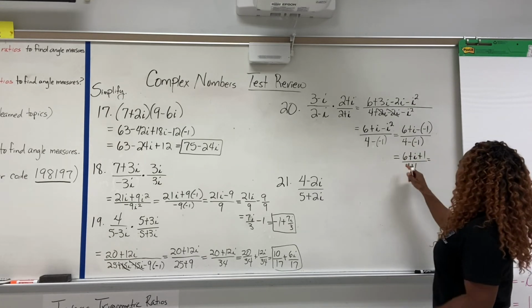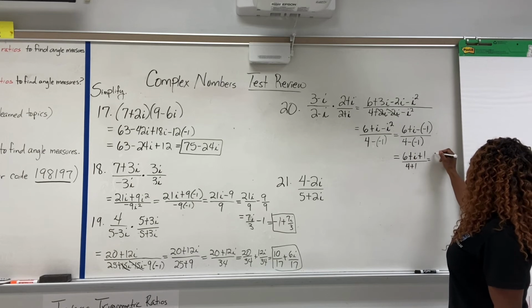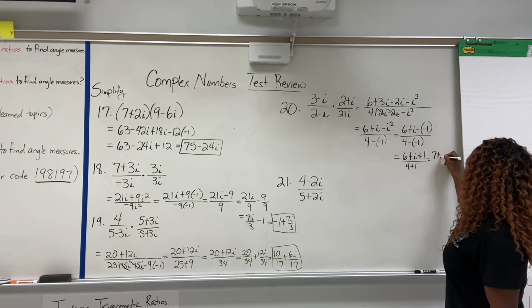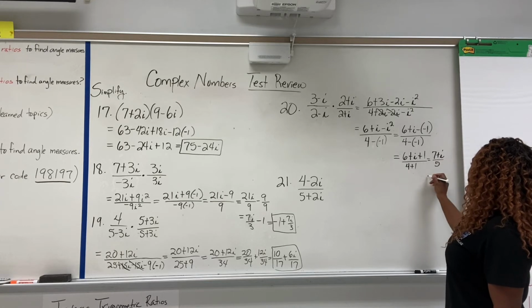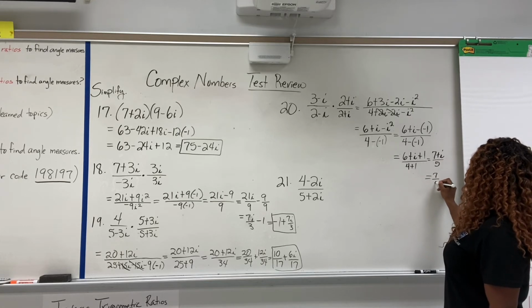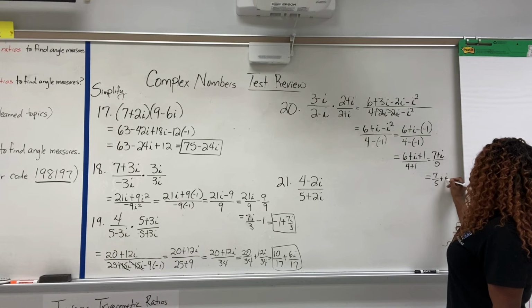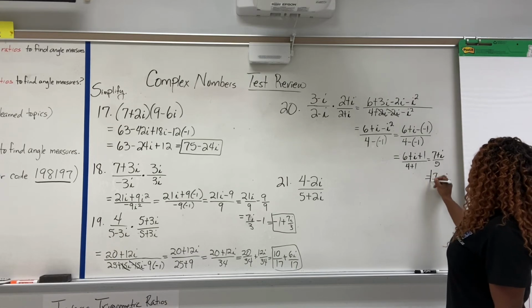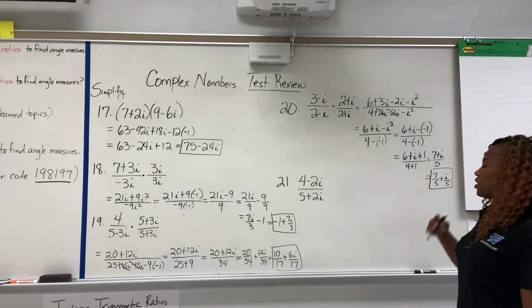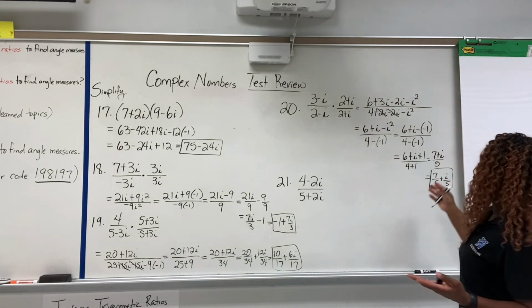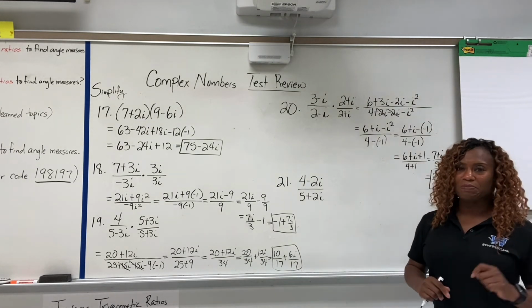And lastly, I can put the 6 and the 1 together. That gives me 7 plus i, and the 4 plus 1 is 5. Now I can write this as 7 over 5 plus i over 5. And this will be the real part and the imaginary part, because I couldn't simplify 7 and 5, they're both prime.